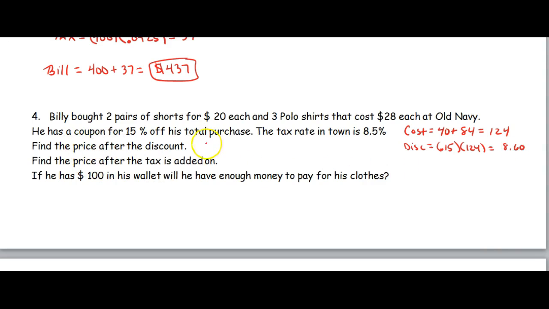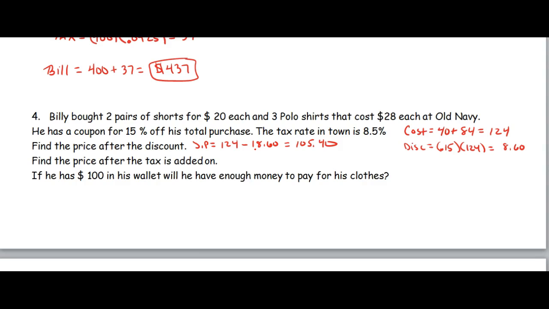So the price after the discount, the discount price, would end up being, we take the $124, subtract the $18.60 we save, and what we end up paying is $105.40. Now, that's after the discount's been taken off.